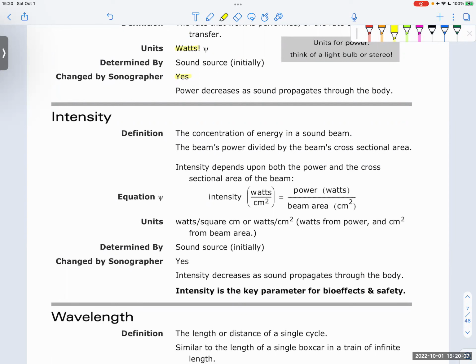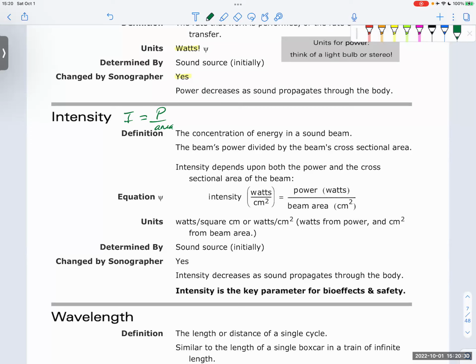So basically, as an equation, intensity equals power divided by area. If you increase the power, you will increase the intensity because you're applying more energy in that area.